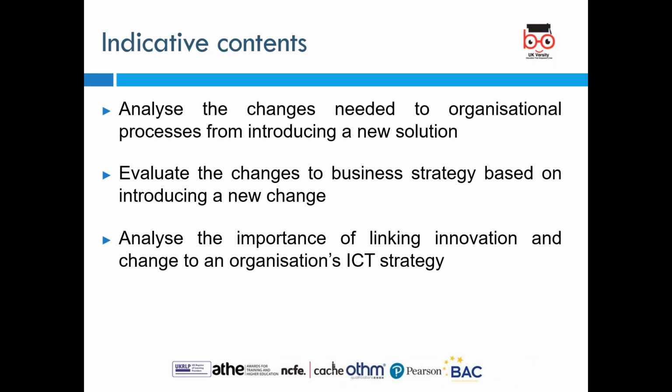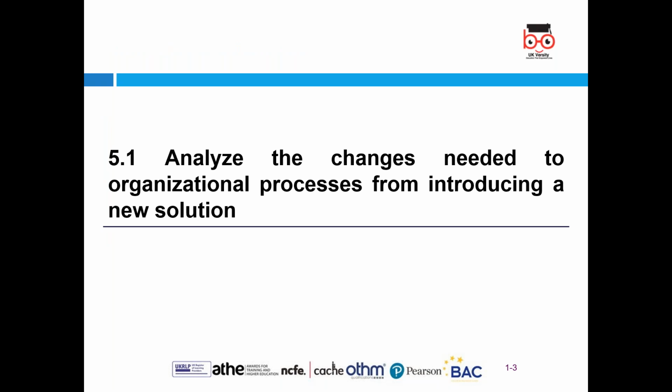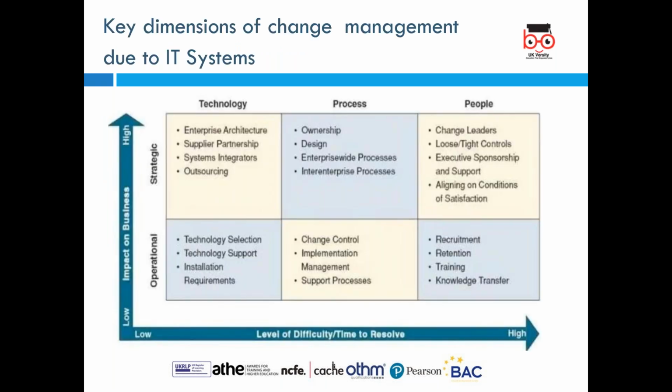Looking into our indicative content, we're going to analyze the changes needed to organizational processes from the introduction of a new solution, evaluate the change to business strategies based on introducing a new change, and then analyze the importance of linking innovation and change to an organization's ICT strategy. All this information might be really useful for your assignment.